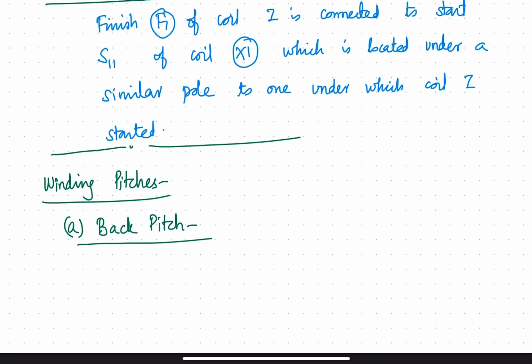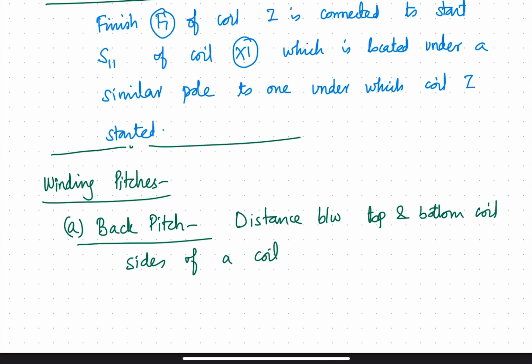What do you mean by back pitch? The back pitch is the distance between the top and bottom coil sides of a coil, which is measured around the back of the armature.